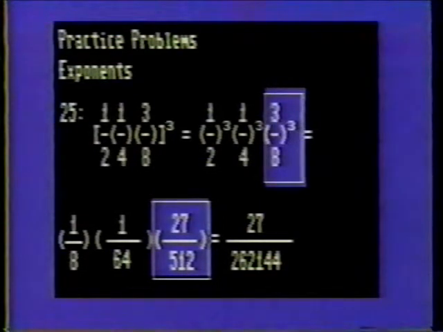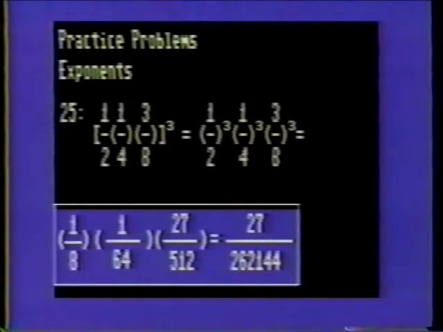Thus, the answer is 27 divided by 512. 1/8 times 1/64 times 27 divided by 512 is 27 divided by 262,144.